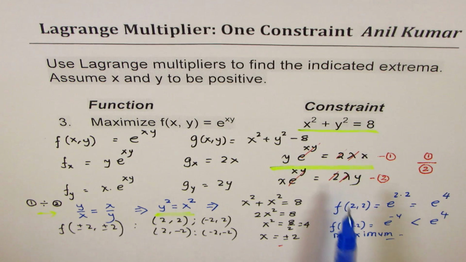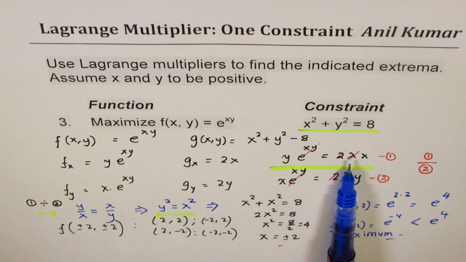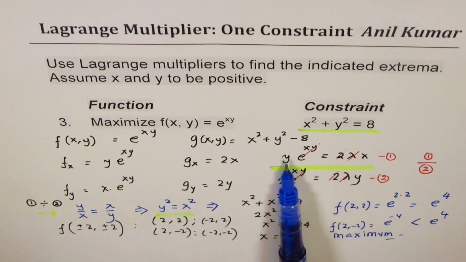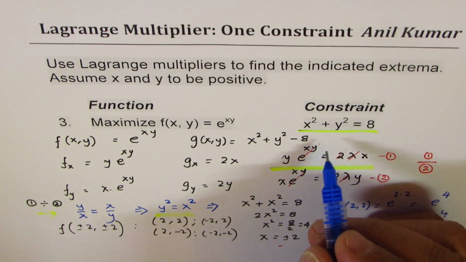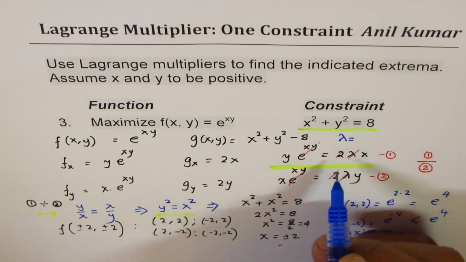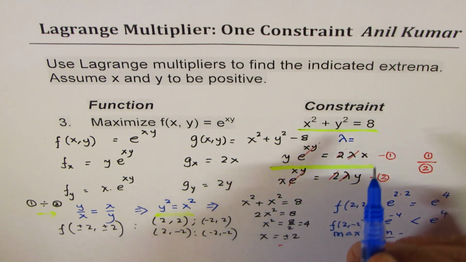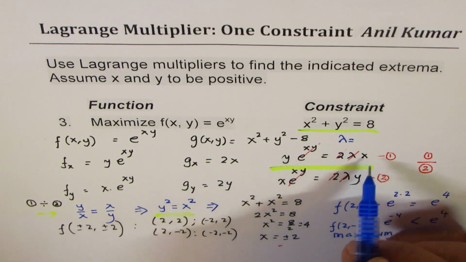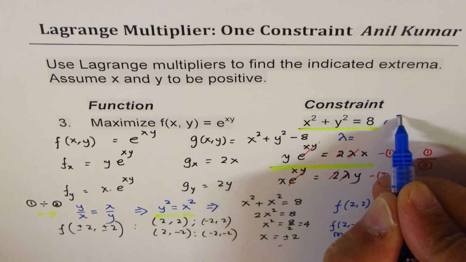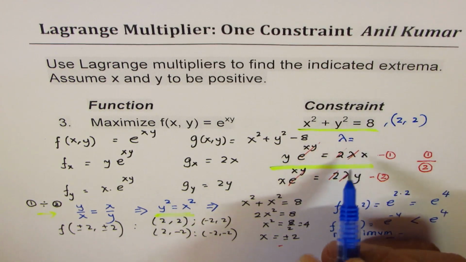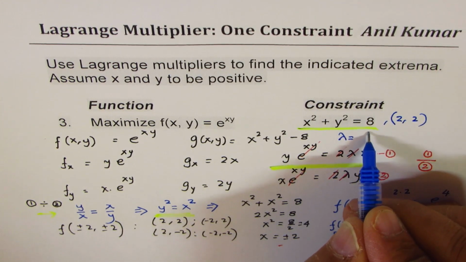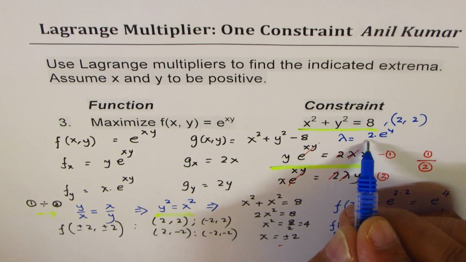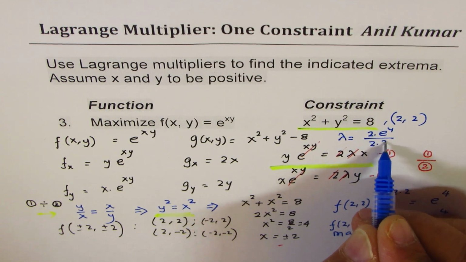Well, in this case, we could also find lambda, because you know x equals y. So let's find lambda also. In this particular equation, we are writing 2, 2 as our points, right? So we have lambda equals 2 times e to the power of 4 divided by 2 times 2, right?